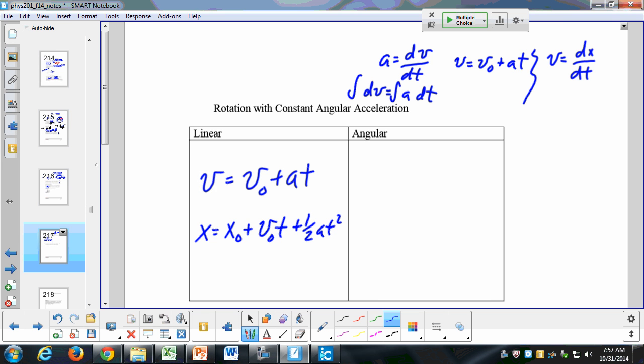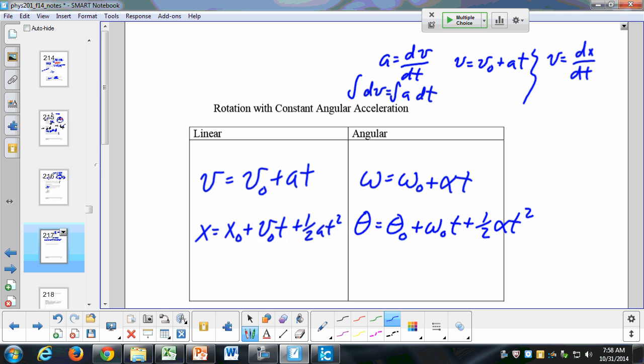We can do the same thing for rotational motion, and we'll get omega equals omega naught plus alpha t, and theta equals theta naught plus omega naught t plus 1/2 alpha t squared. These will be on your equation sheet. They are already on there, so you'll have them for various problems that we'll work.